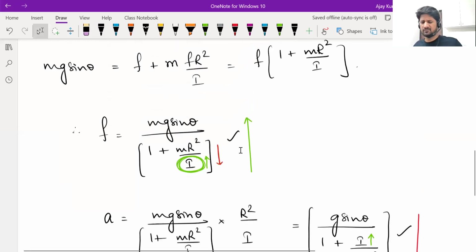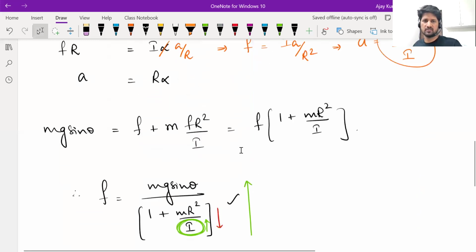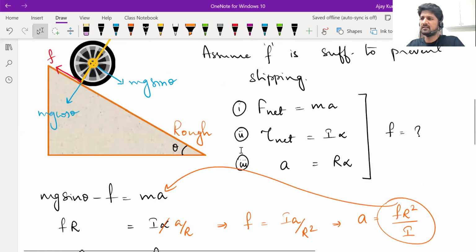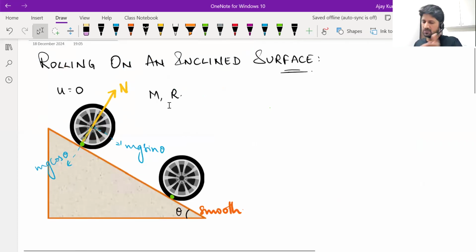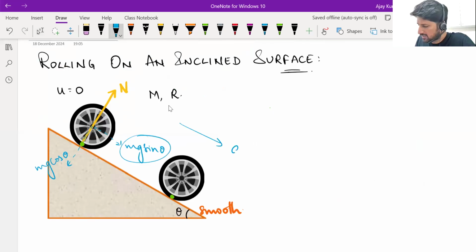Now you have some very common questions based on this. If a ring, cylinder, and a sphere of same mass and radius are released on an incline, which will roll down first? If it's a smooth incline, all of them will go down at the same time because they'll all go under the influence of mg sin theta, means they'll all have the same acceleration of g sin theta.